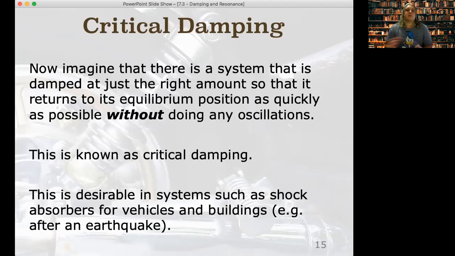But there's a special value that borders between over-damping and under-damping. Under-damping is just all the damping we've seen so far, the regular damping. It's under-damped as in it hasn't yet reached its critical damping. So critical damping is the value of damping that means the mass will return to its equilibrium position as quickly as possible without oscillating.